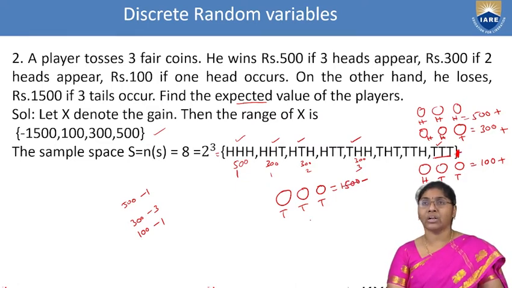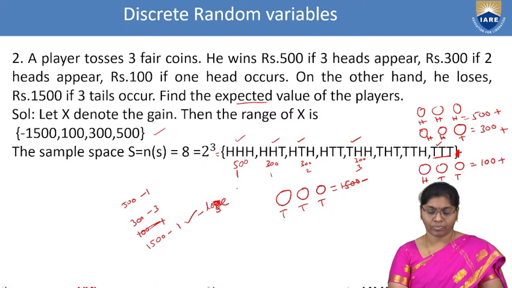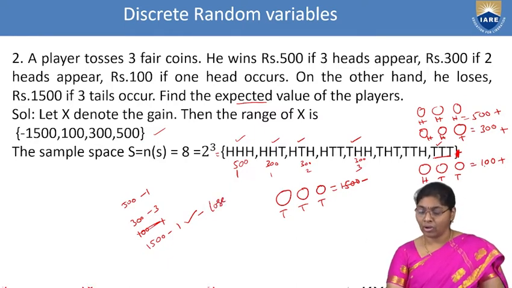Only 1 chance is there. 1500 loss is one chance. It is a loss. Now 100 means 1 head, 2 tails. 1 head can be in 1 place, 2 places, or 3 places. So this is also 3 places.